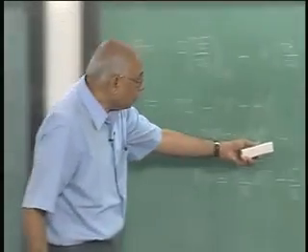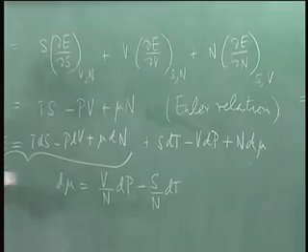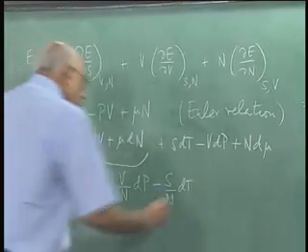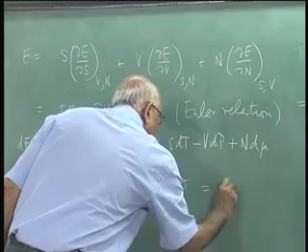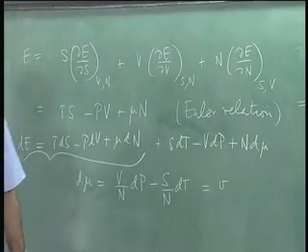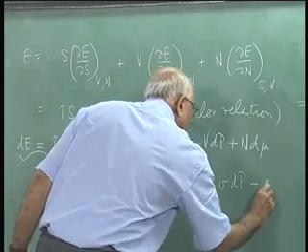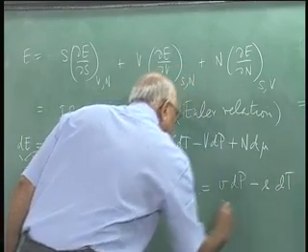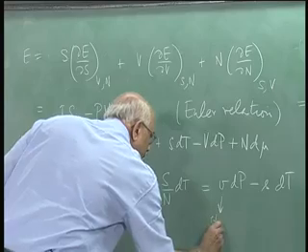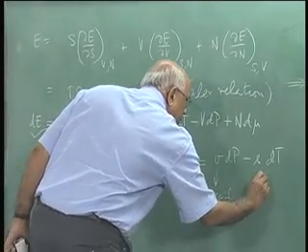V over N is the volume per particle, the specific volume, little v. So d mu equals little v dP minus little s dT, where this is the specific volume, and that is the specific entropy.